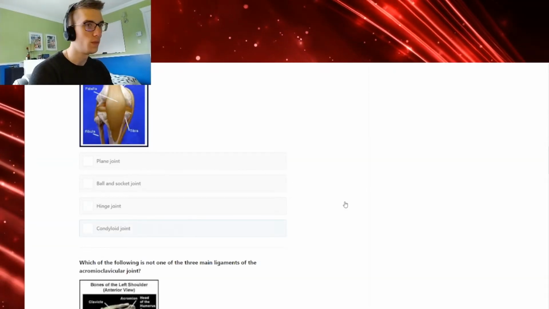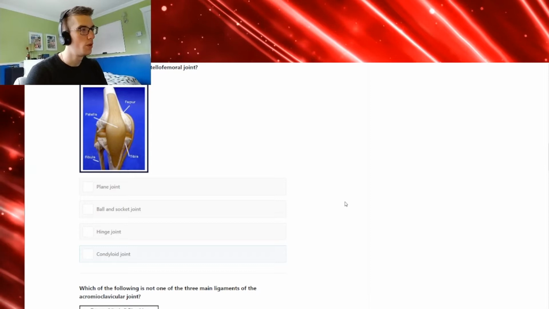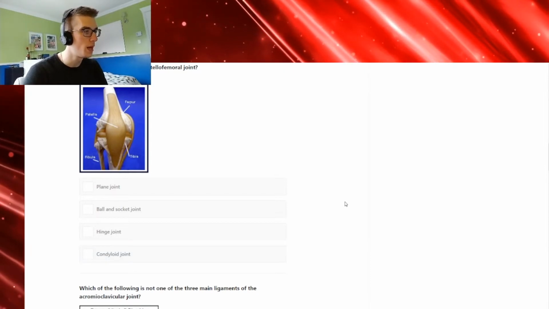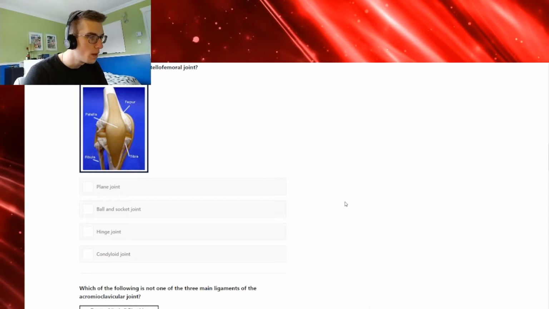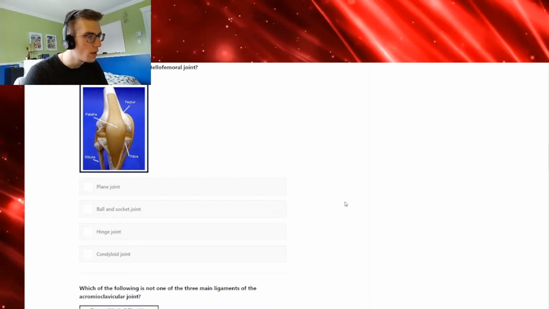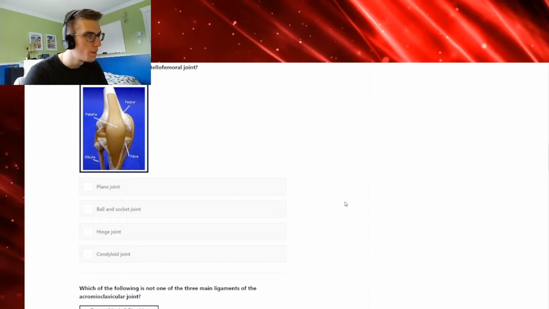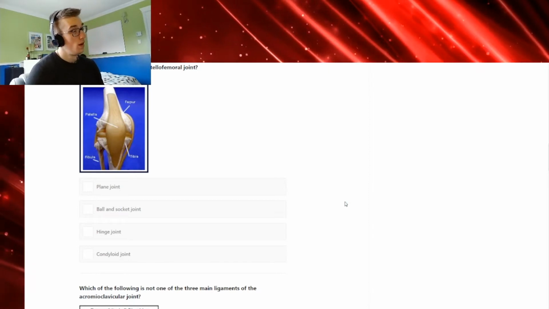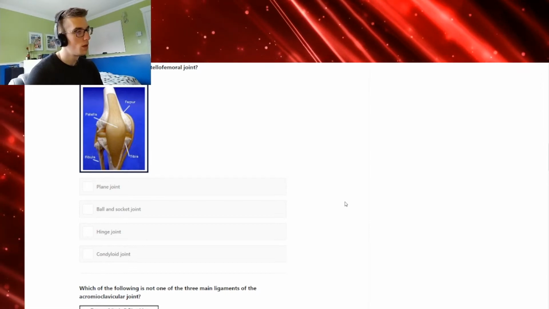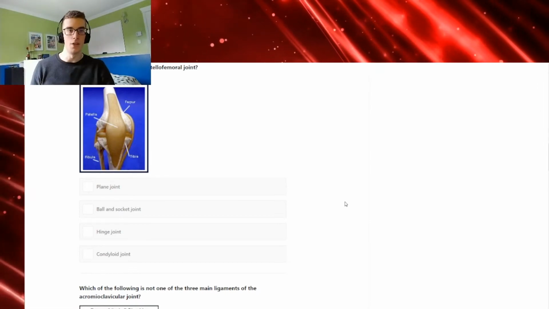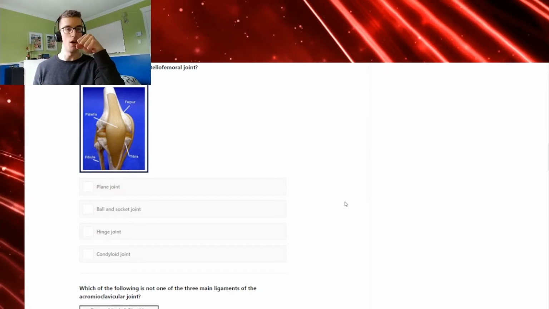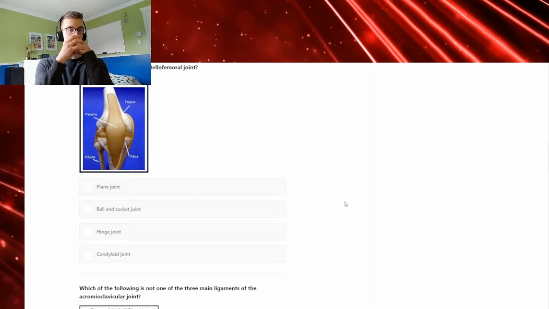Alright, next one. What type of joint is the patellofemoral joint? Is it a plane joint, ball and socket joint, hinge joint, or condyloid joint? I know for sure it's not a ball and socket joint. Ball and socket is like the shoulder. You have your humerus finished with a ball, and you have your socket like that.